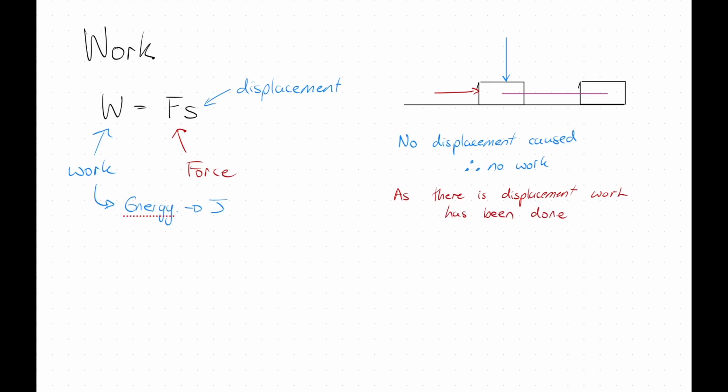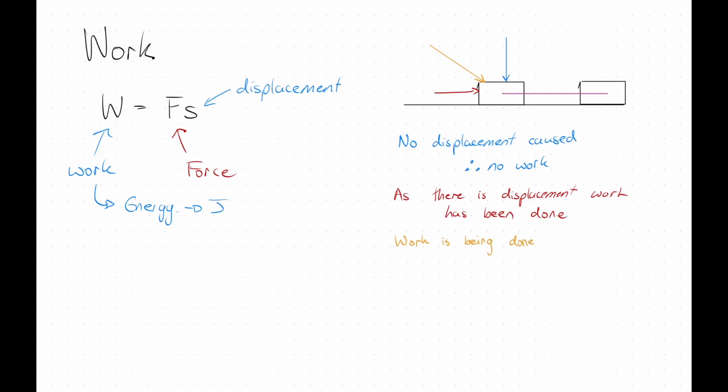What happens though if I apply a force like that to the object? The object is not being pushed directly into the surface, but it's not being pushed directly parallel to the surface either. The object still moves by the same amount as if it was being pushed by our red arrow. Is work being done on the system? Work is still being done.